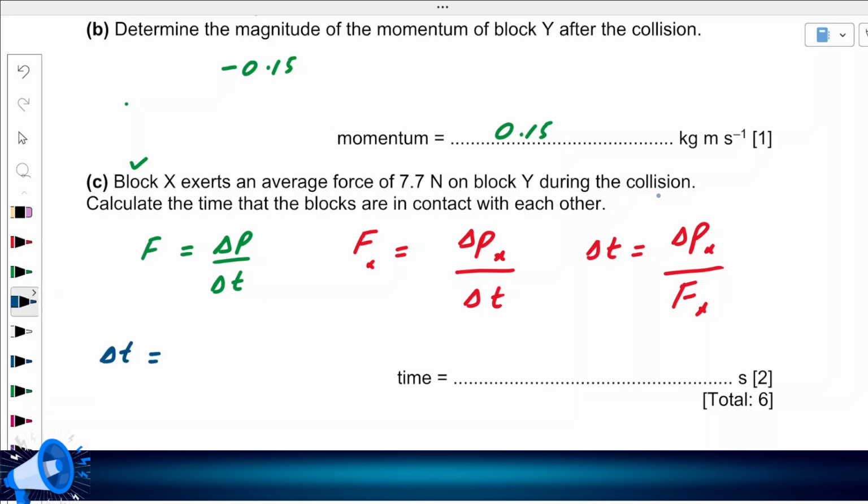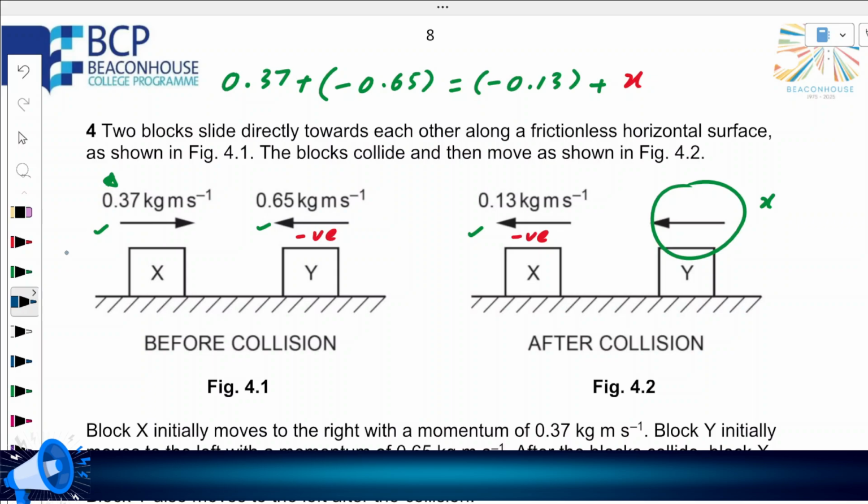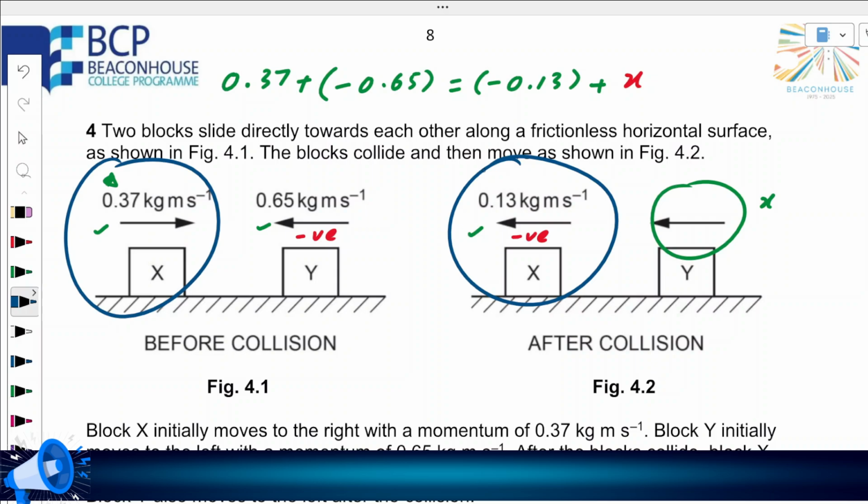Now what is the change of momentum of X? Initial momentum of X is this one, final momentum of X is this one. What is the change in momentum? The change in momentum would be final minus initial. Final momentum minus initial momentum. So what is final? 0.13 with the negative sign.